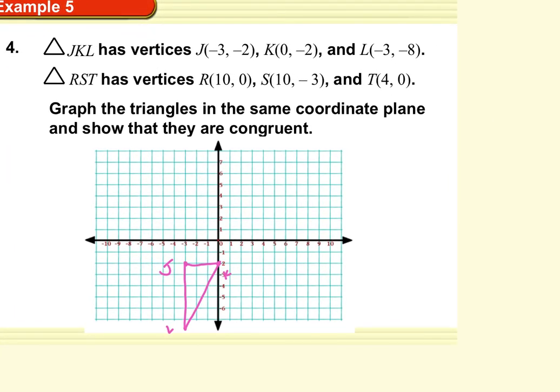And RST has vertices R(10, 0), S(10, -3), and T(4, 0). And you want to show that these triangles are congruent.